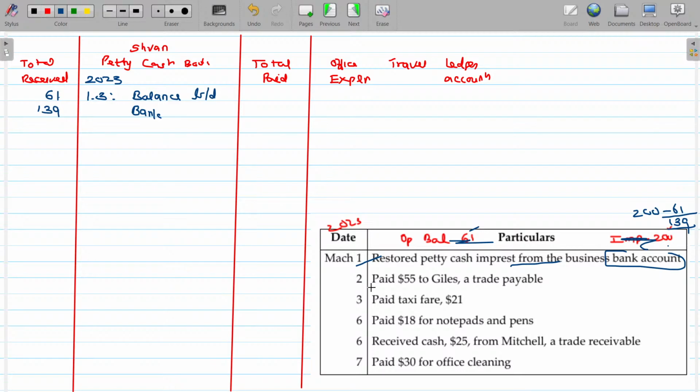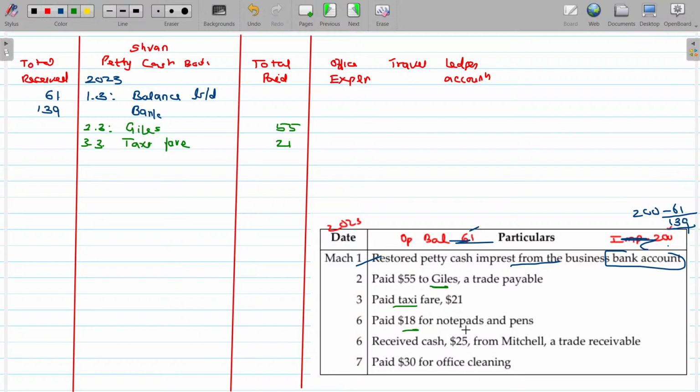And 2nd March there's a payment. 2nd March paid to Gillies, trade payable, then it is a ledger payment, the value being $55. Paid taxi fare on 3rd March, the value being $21.